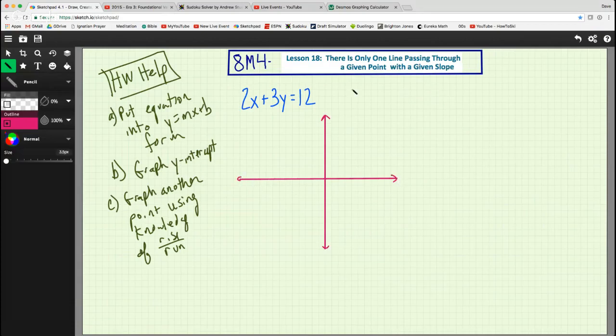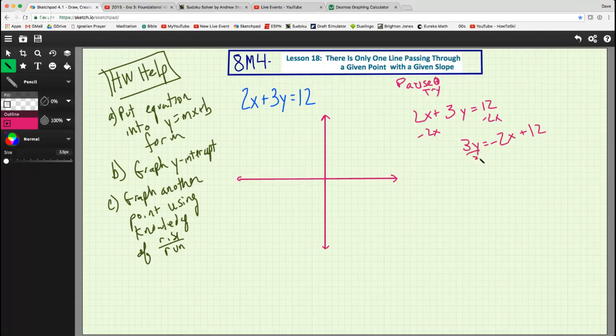All right, so now I assume you've paused and tried it. So now we have 2x plus 3y equals 12. We're going to subtract 2x from both sides, and we get 3y equals negative 2x plus 12.